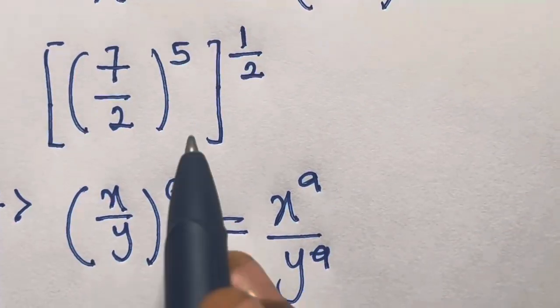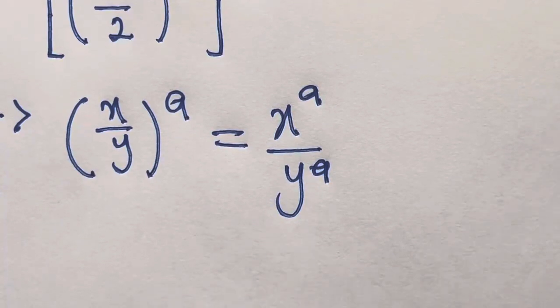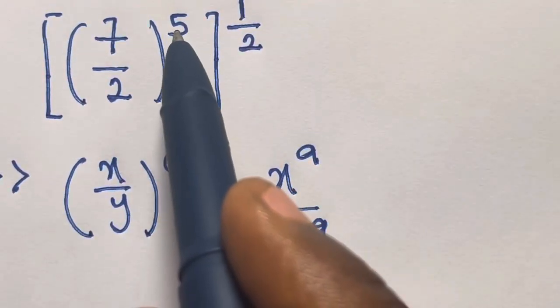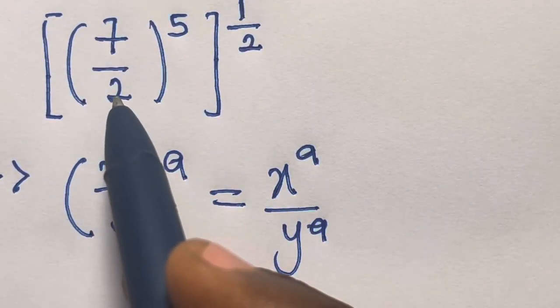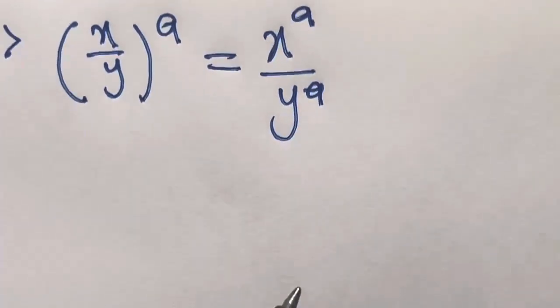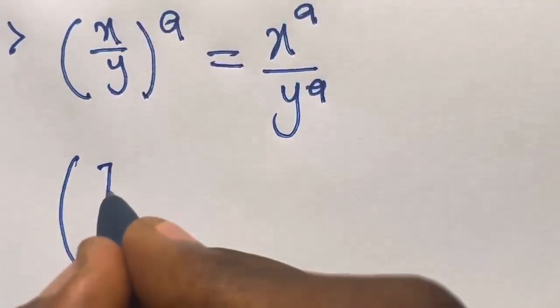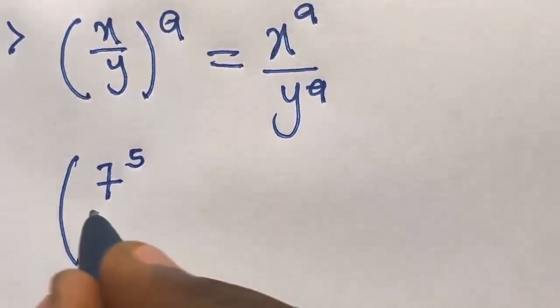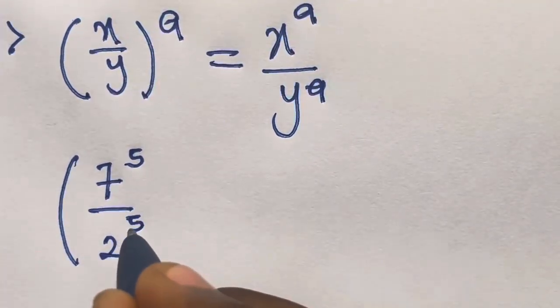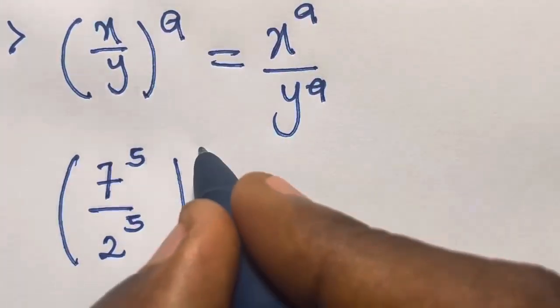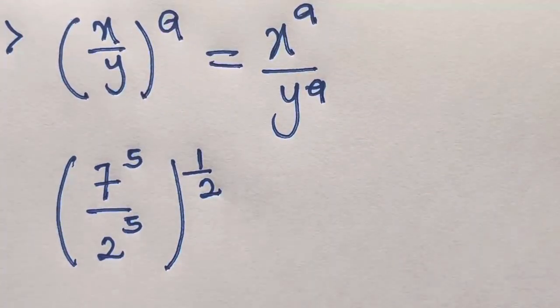So applying this, the 5 will be distributed to both 7 and 2, right? So we'll have 7 raised to the power 5 divided by 2 raised to the power 5, then raised to the power 1/2 for both of them.